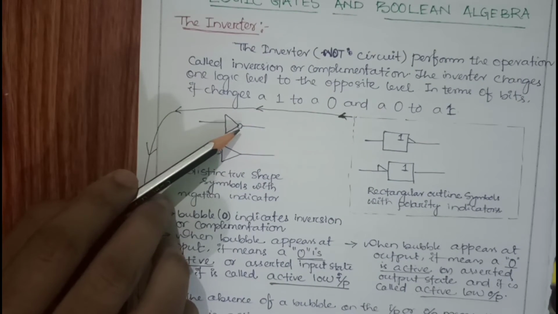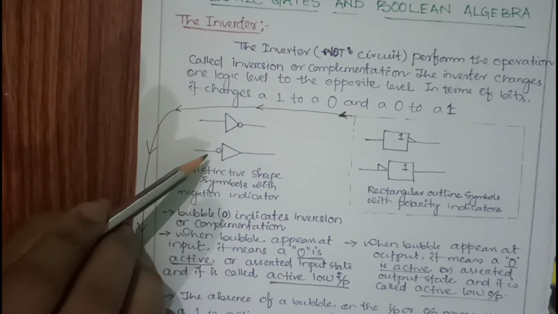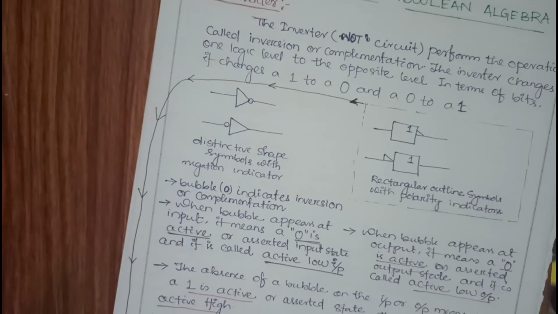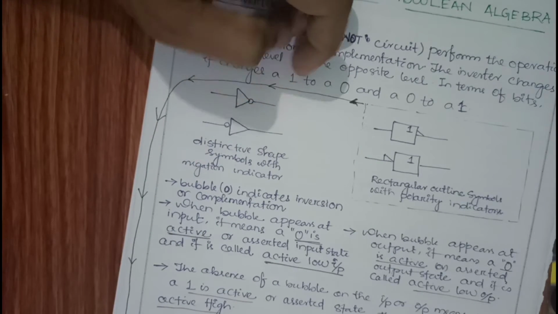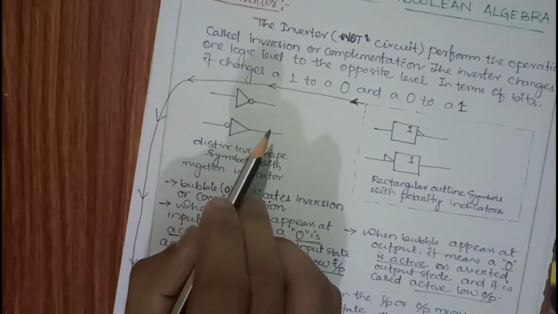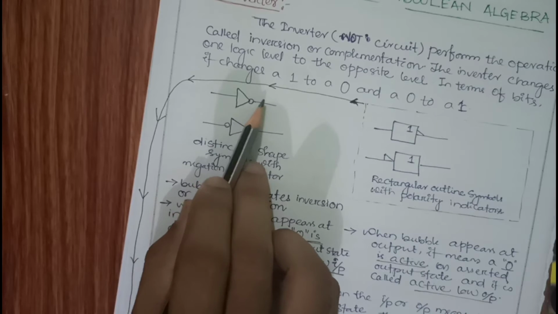There are two types of representation. One is triangular with bubble at front, and the second one is bubble and then the triangular at front. This first one is called active low output, means whatever output I get, I will take the low values. Means if 1 0 1 0 is there, then I will take the 0 values. Okay, here 0 is the active low, means here the 0 is the active one, I am taking the low.